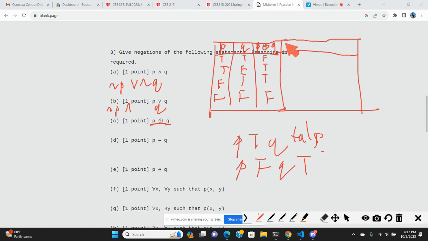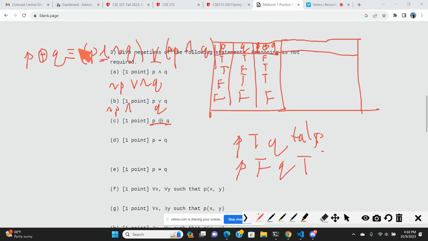So in this case, we can write P XOR Q is logically equivalent to P and not Q, or not P and Q. Because or indicates the two possibilities that only one of them is true, which is why we use an and to represent one of the variables being true and the other one being false. So then in this case, we see that we have it in terms of ors and ands.